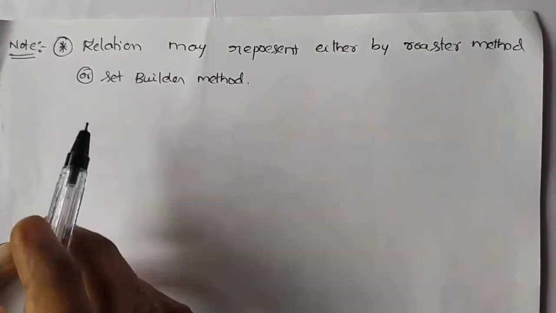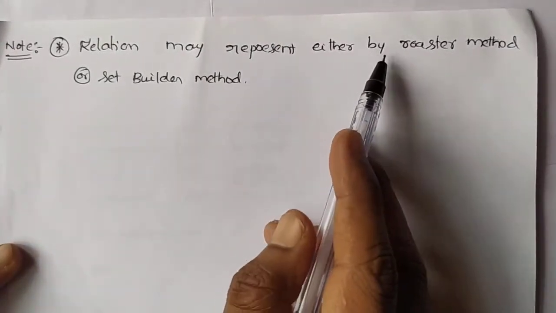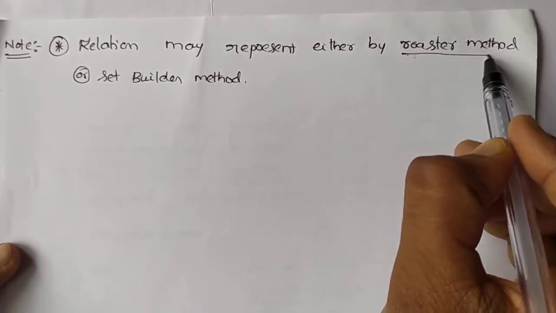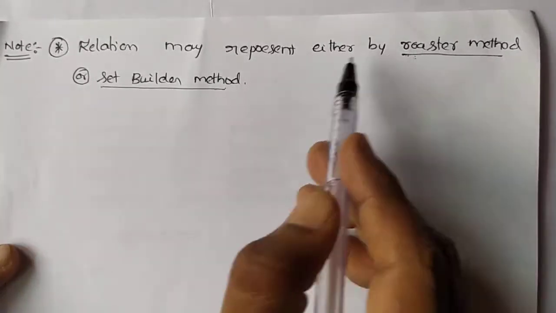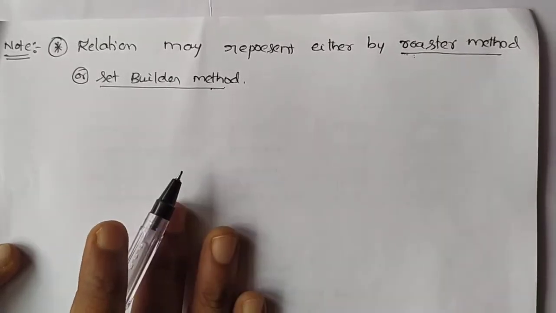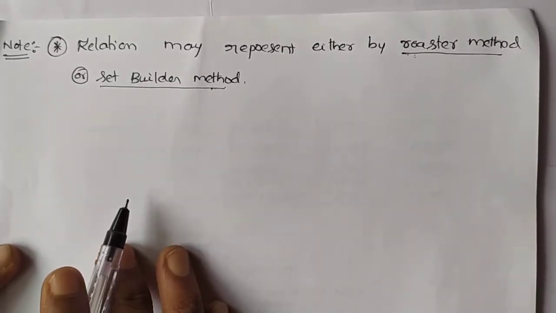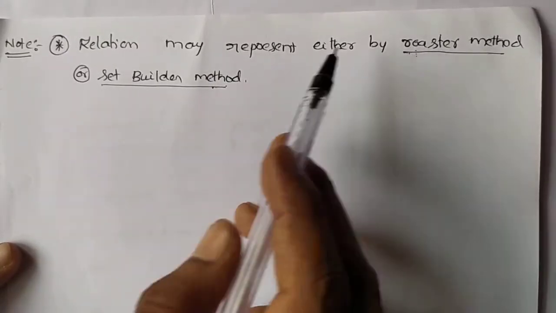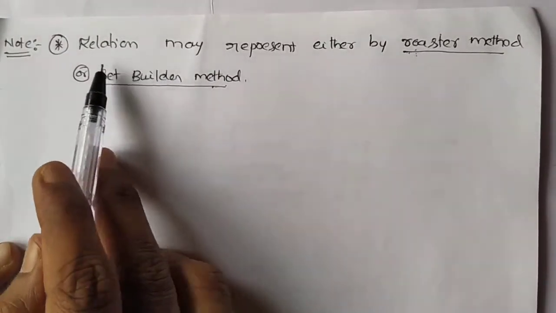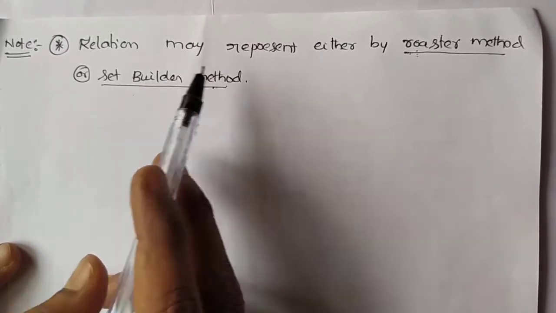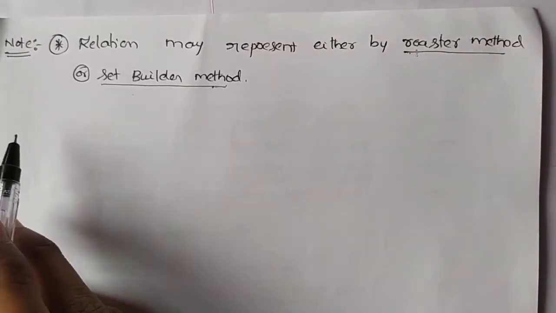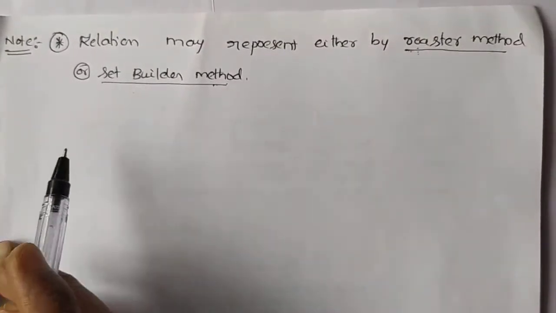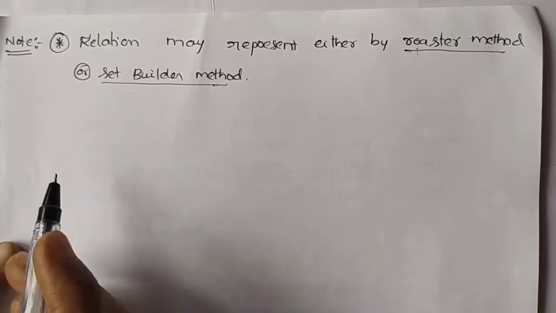Roster form and set builder form. This is what we already know from our lower classes. These two forms we learned in our sets.